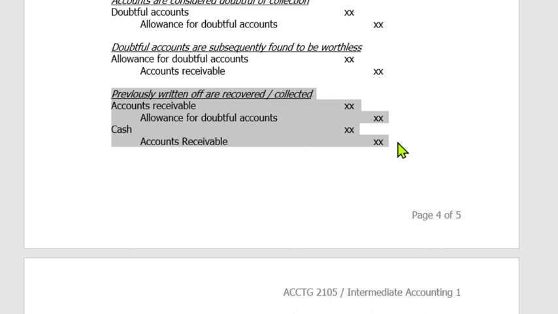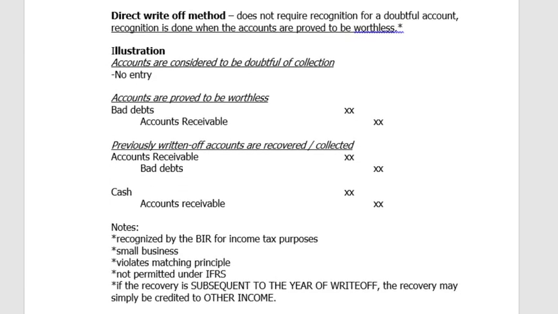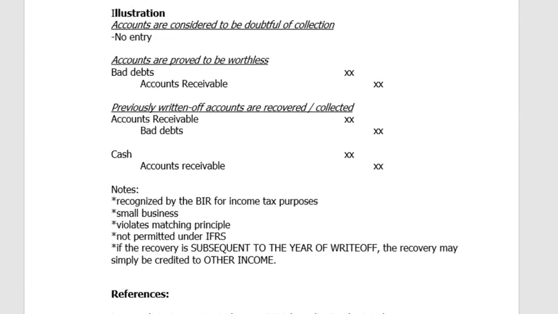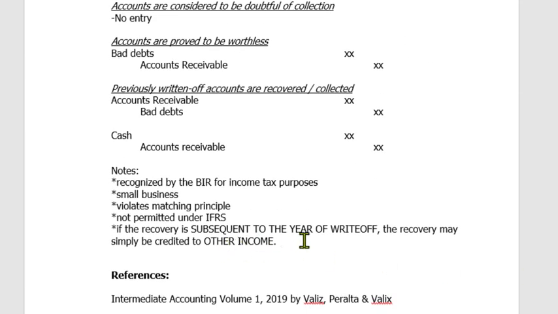Whether the recovery is during the year of write-off or subsequent thereto, you have to reverse the original entry of the write-off. Kumbaga yan. Which is different under the direct write-off method because sinasabi dito that according to the standard, it can be credited to the other income when you are using the direct write-off method.